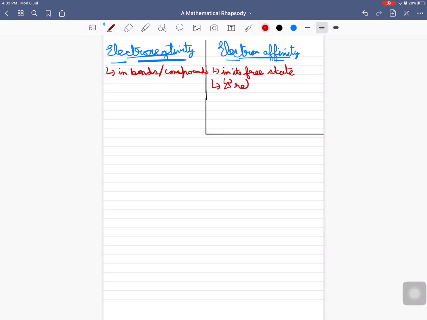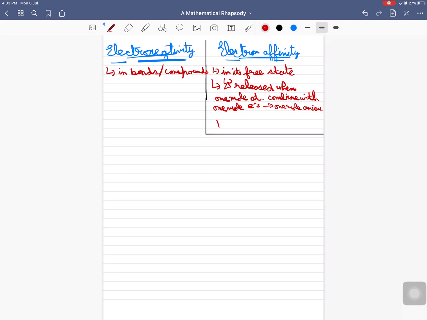Energy released when 1 mole of atoms combine with 1 mole of electrons to form 1 mole of anions. Let me give you a quick example of this.